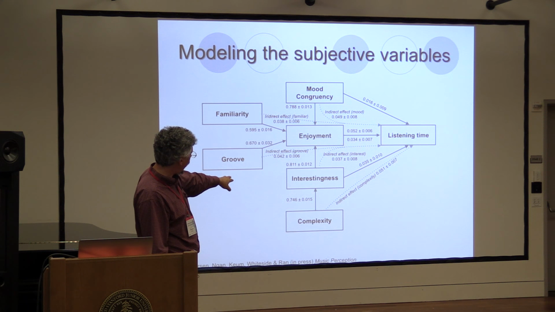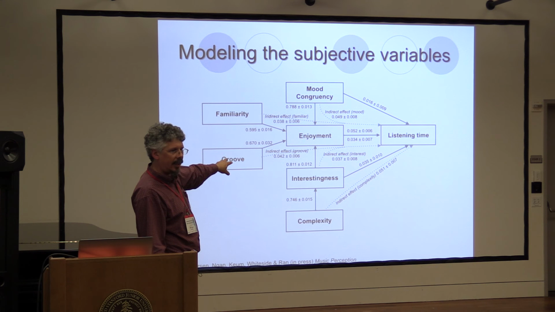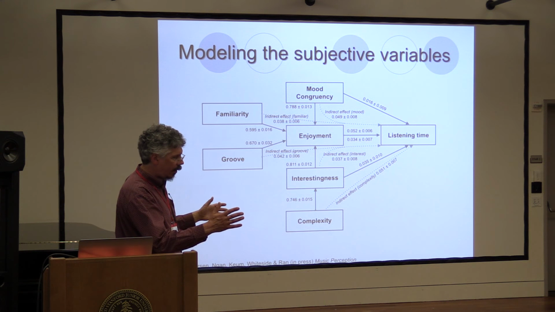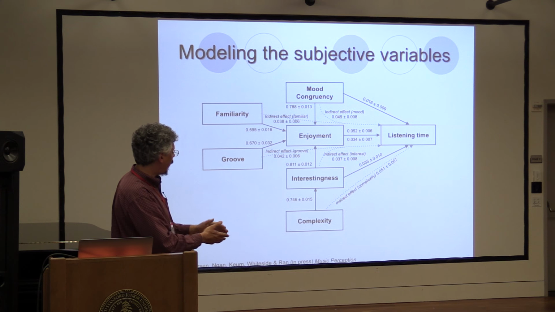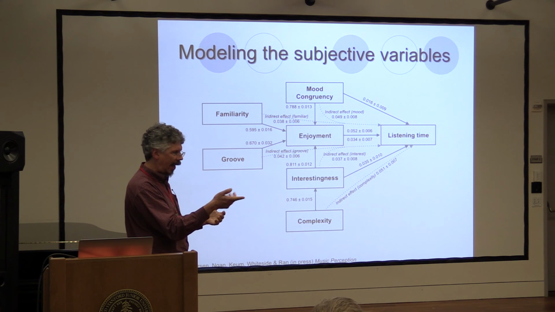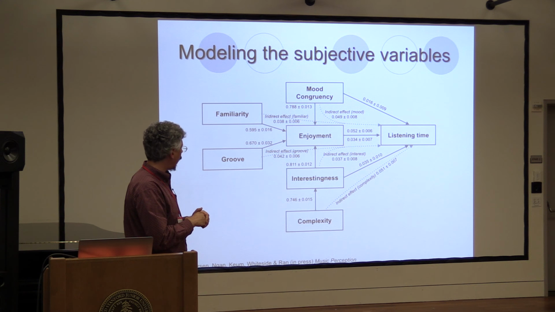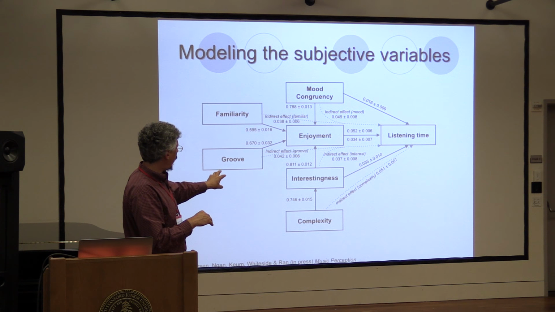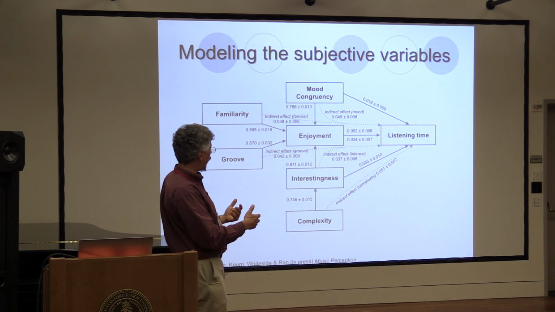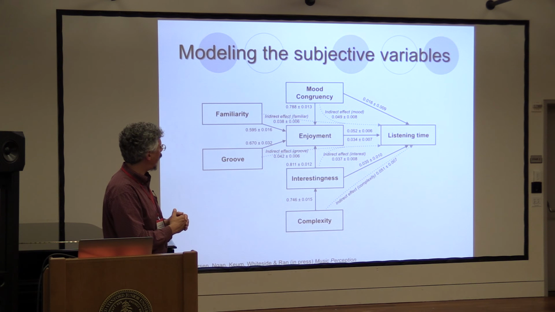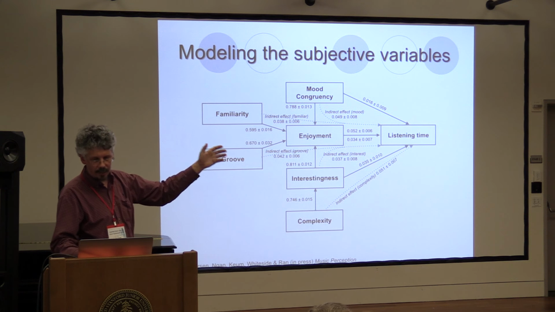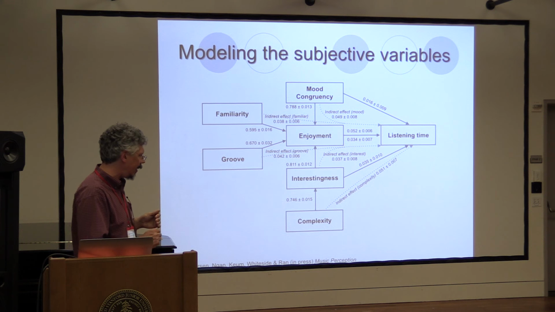And interestingly, complexity primarily predicted interestingness, and it was only when we ran the audio stimuli through some models, through the music information retrieval toolbox or through our tonality tracking model, that we were able to explain some of the variation in the complexity and interestingness ratings. But it seems to be driving this construct of enjoyment that drives listening times.